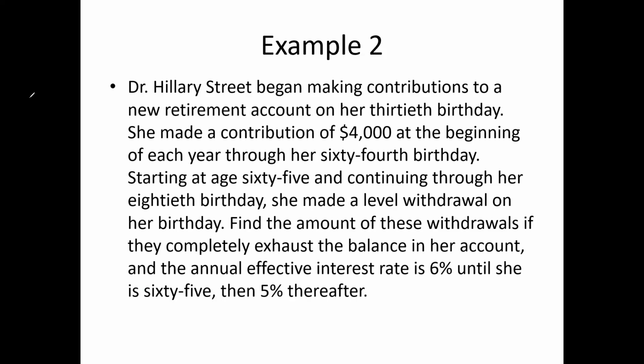The problem is a little bit complicated. For a complicated problem, I really encourage you to draw a timeline. That will make the problem a bit easier. So this is the 30th birthday. Let's say it's 0.